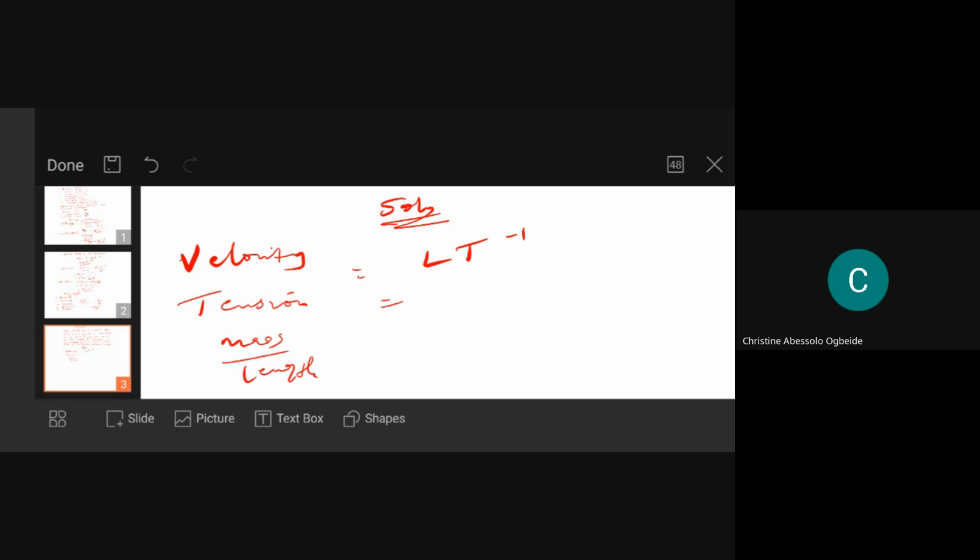Tension is simply force on a string. Whether on a string or anywhere, force is force. So the dimension for tension is the dimension for force, which is MLT to the minus 2. Mass is capital M, but because I'm having mass per unit length, I'll have ML to the minus 1, which is mass divided by length. So these are the dimensions.